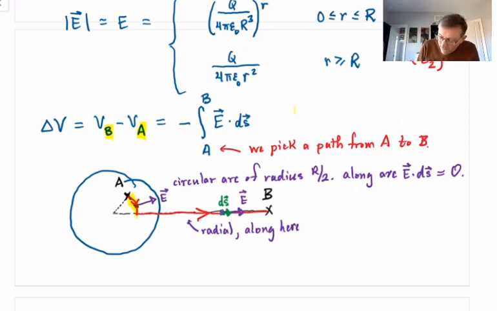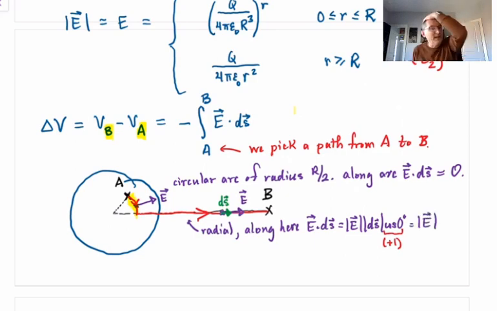So when I think about doing the E dot ds, I'm going to have magnitude E, magnitude of the little displacement ds, cosine of the angle between the E and ds, but they point in the same direction, 0 degrees. Cosine of 0 degrees, positive 1. So this is just magnitude E, and then for the magnitude of ds, just the size of the little step you're taking, since it's along a radial line, we're going to call that size dr, a tiny radial step.